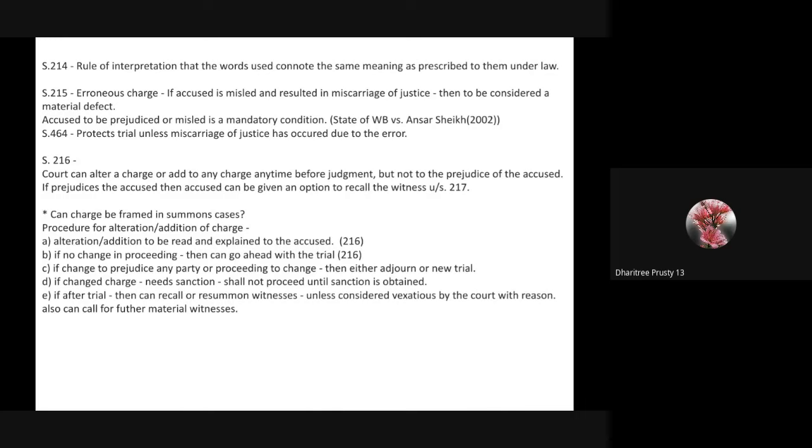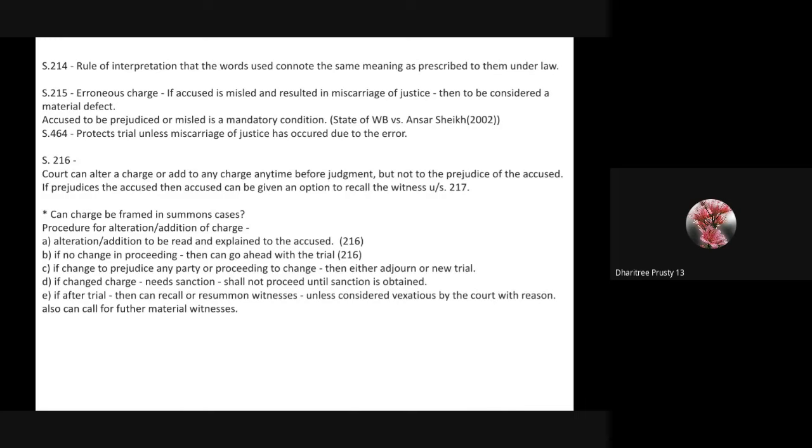In West Bengal versus Ansar Sheikh, the deciding factor was that the accused has to be prejudiced or misled. That is a mandatory requirement to decide whether, on the basis of an erroneous charge, the trial can be vitiated or not.